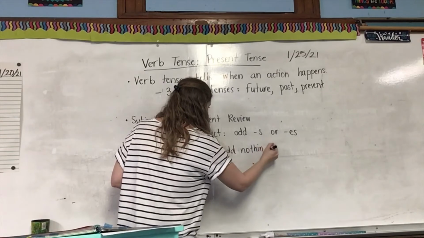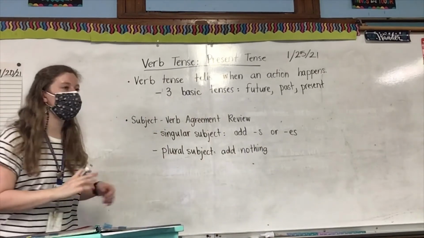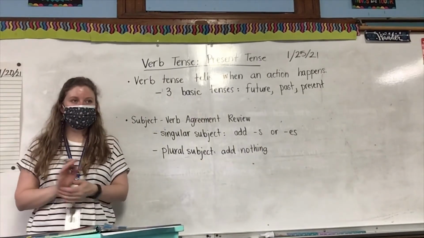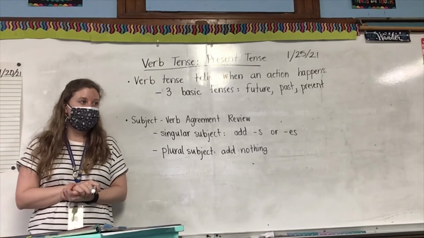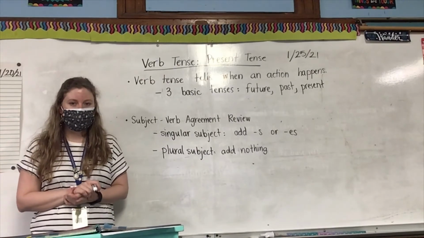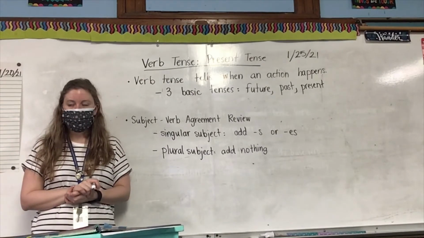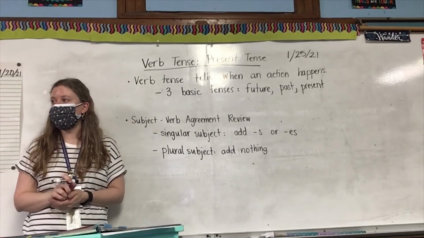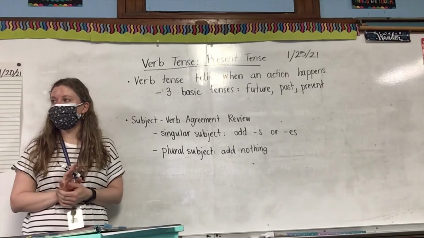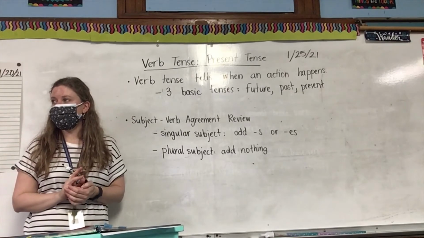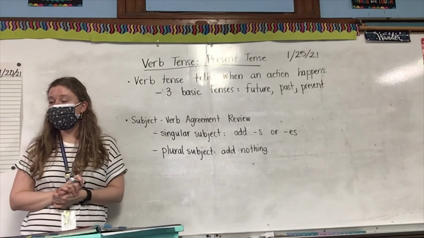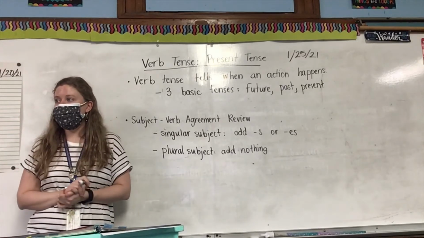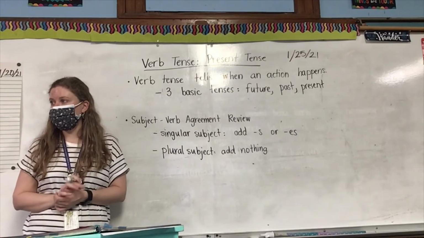Leave it alone. If it is a plural subject, we leave it alone. Does it sound correct to say, those girls reads the books? What do we say? Victoria. This is the sentence I said. Those girls reads the book.